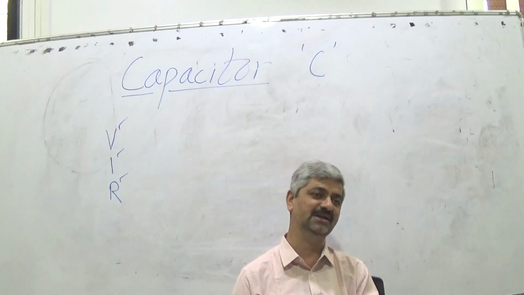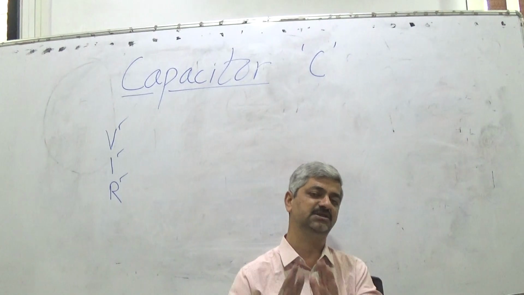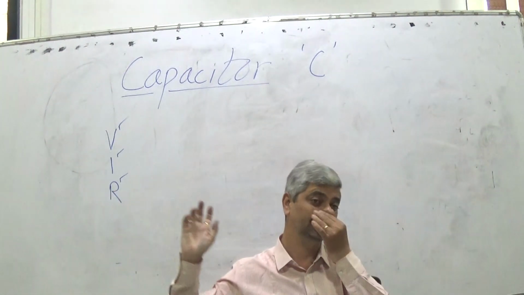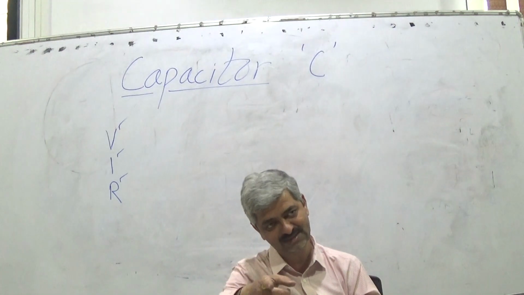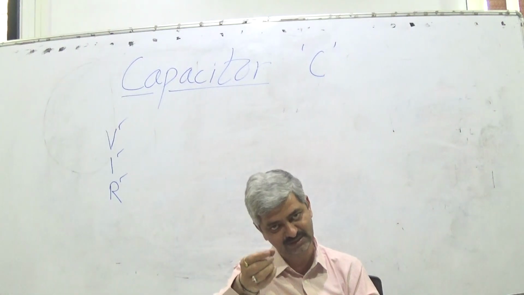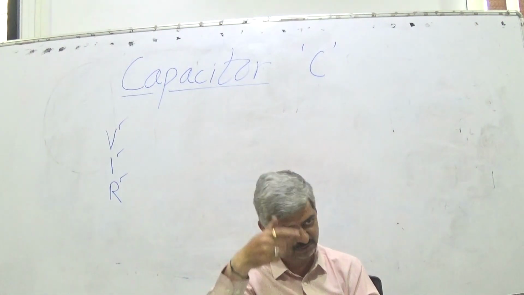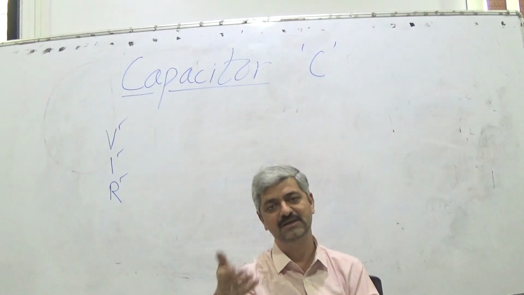So electric charge. What is the property of electric charge? Electric charge tries to distribute itself away, away, away. But we assume that the nucleus remains intact. The nucleus contains protons, electrons revolve around, and electrons are loosely connected.